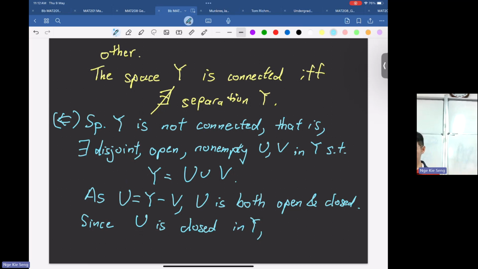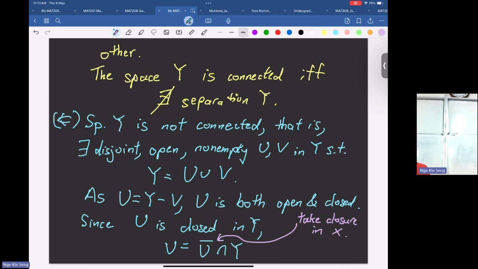I think last time we proved that this U really equals U bar intersect Y. What is U bar here? This is the closure of U. But where do you take the closure? This closure is taken inside X. Okay. Remember last time we don't denote the closure inside Y because there's some criteria for a set to be closed inside a subset.